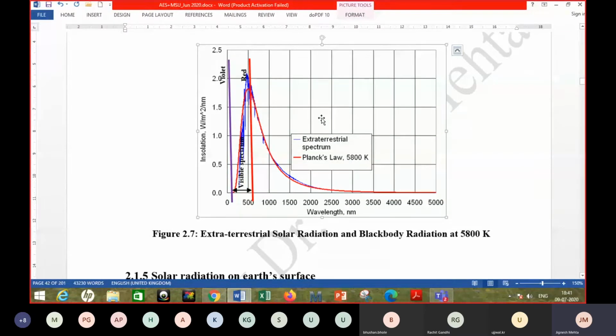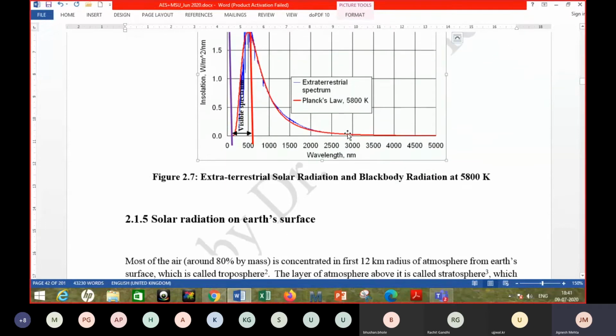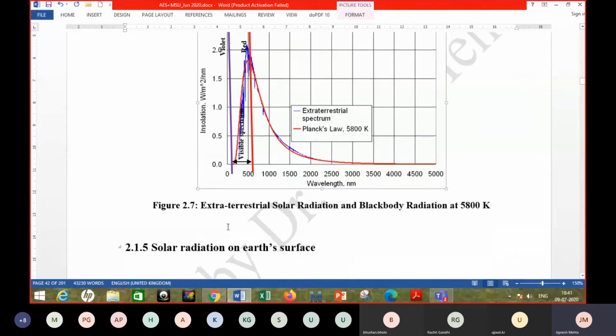But still, for all practical purposes, you may assume that it follows Planck's law equation or curve at 5800 Kelvin. So this is about extraterrestrial solar radiation and its distribution along the wavelength, right?